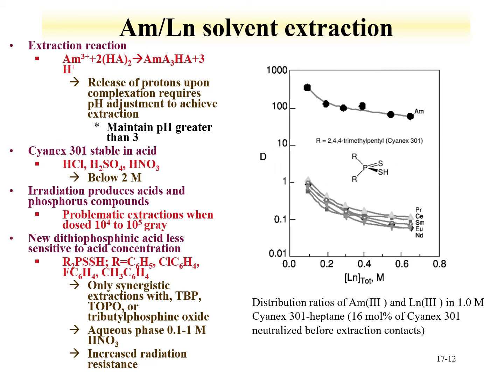This ligand is stable in acid, and as an example shown here, there are distributions of the trivalent americium and the trivalent lanthanides in 1 molar Cyanex. That's around 16 mole percent of Cyanex 301 in heptane. So you can use this ligand to achieve selective separations, and it's driven by the soft donor properties of these ligands.